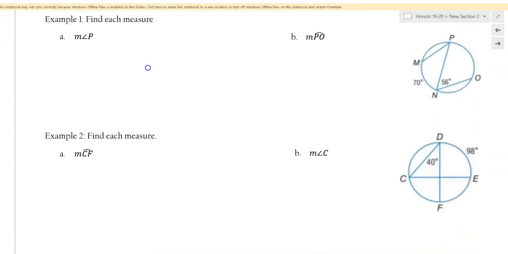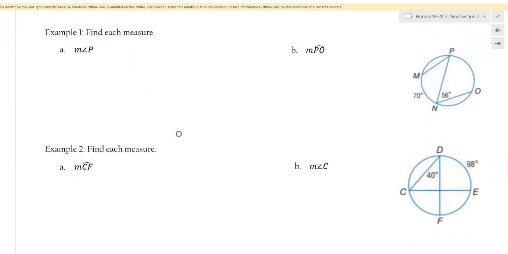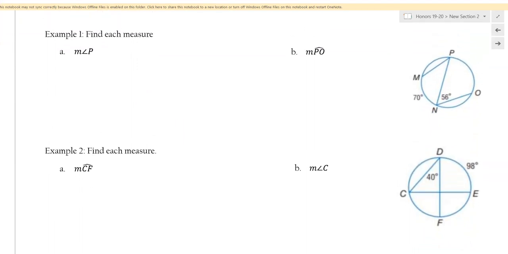So, looking here, finding the measure of angle P. That is angle P, so I'll put an X there. So again, I like to say the measure of the angle equals 1/2 the measure of the arc.